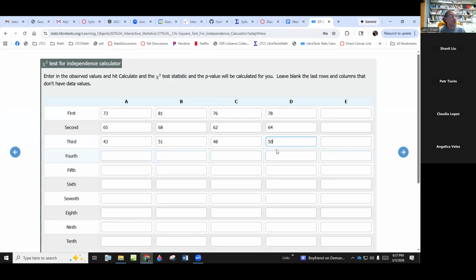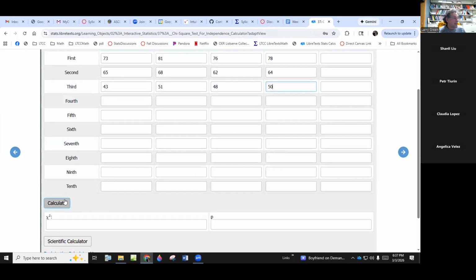Okay, and that's all. So we just scroll down and hit calculate. And there we go. Here's our test statistic and our p-value.